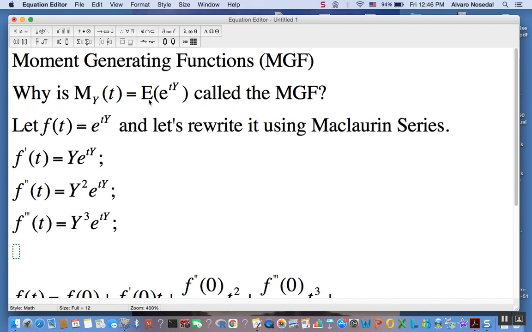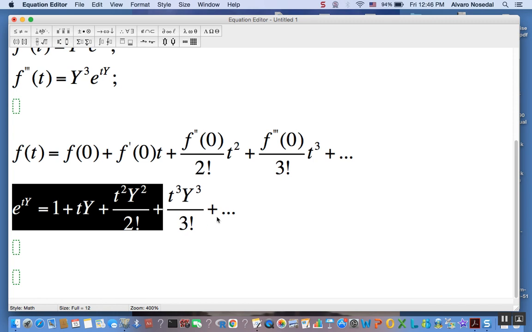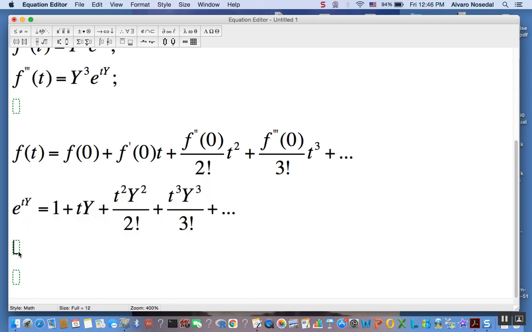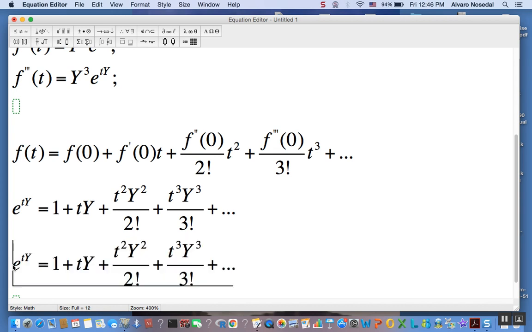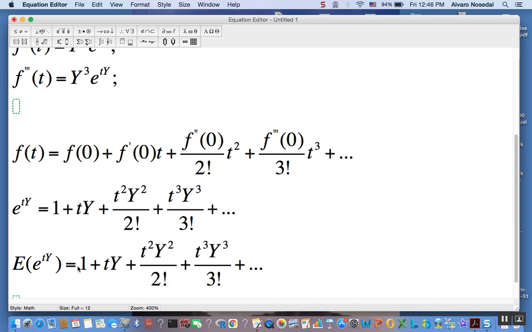It's defined as this expected value. Let's find the expected value of e to the ty. So we have the expected value of a sum, an infinite sum.